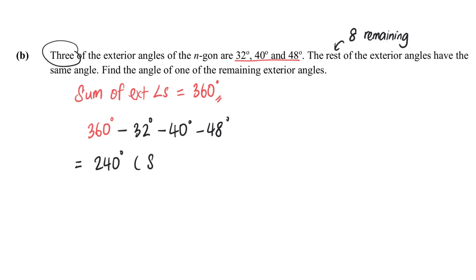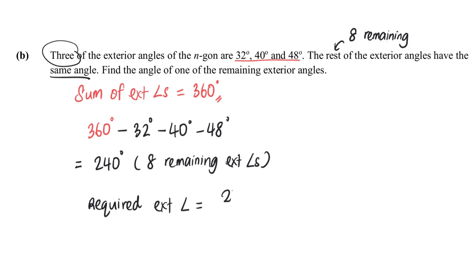This is for my 8 remaining exterior angles. So what is the angle of 1, since they are all the same? Yep. So the required exterior angle for this question is simply 240 divided by 8.